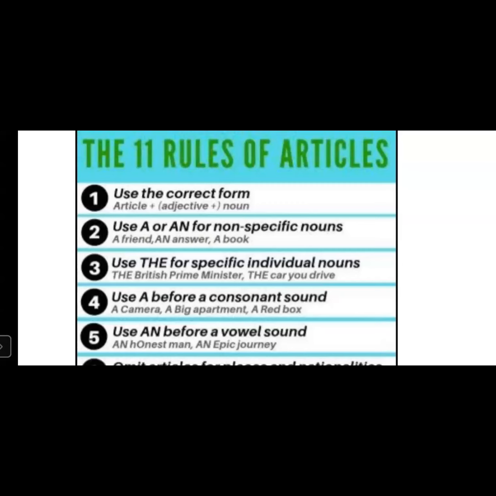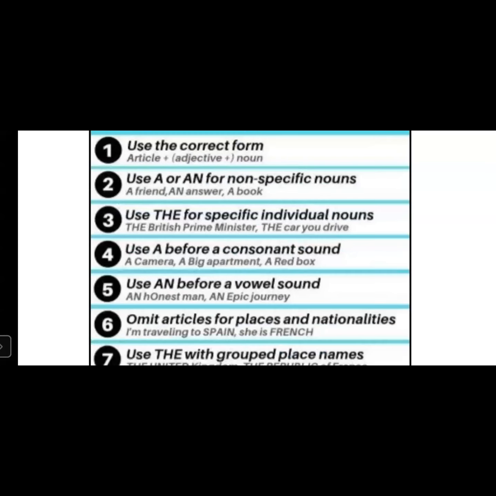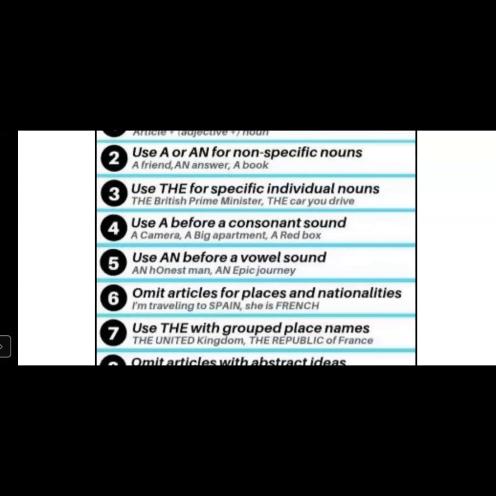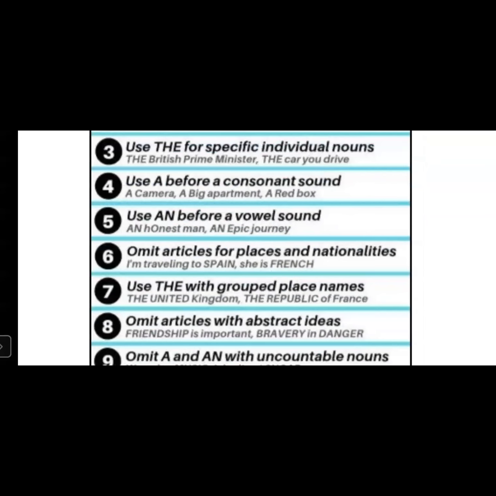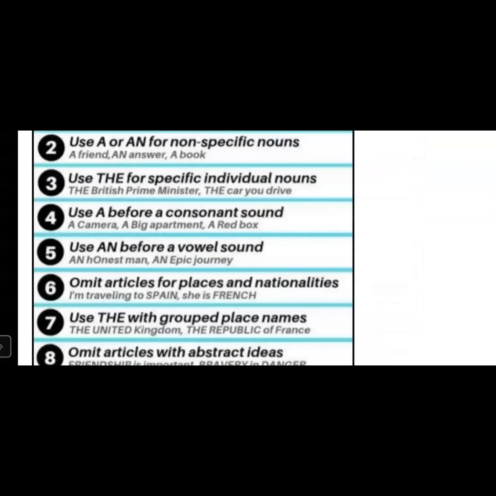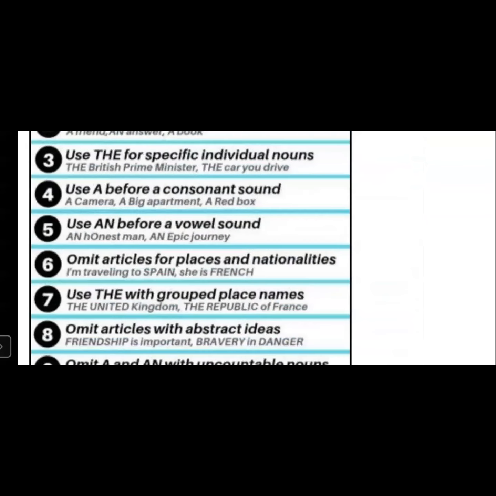The British Prime Minister, or the car you drive, or the sun, the moon, the star, we are using the. Then we should not use an article. That means omit the article. Omit article means not to use the articles before places and nationalities.